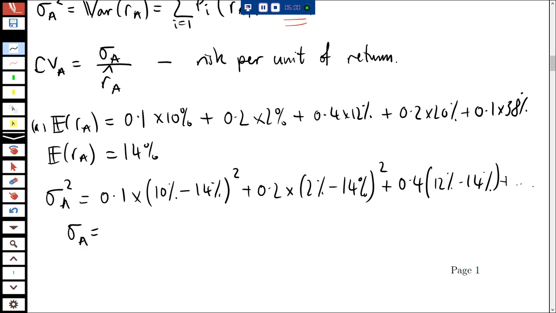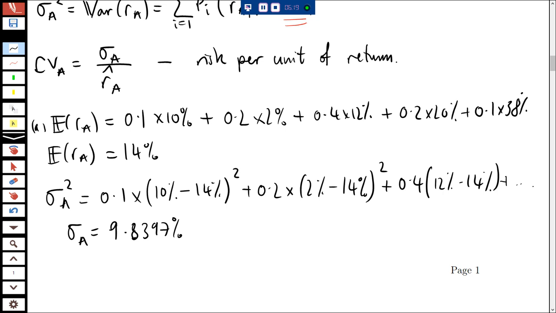The standard deviation. Okay, so calculate the variance and square root it. You'll find that you will get 9.8397%.